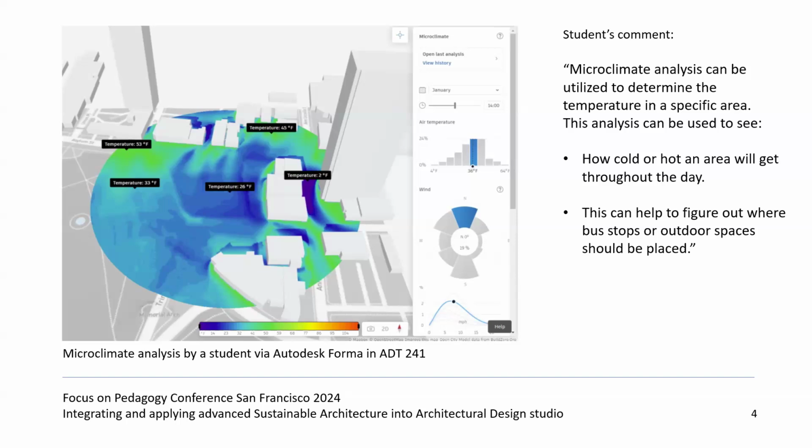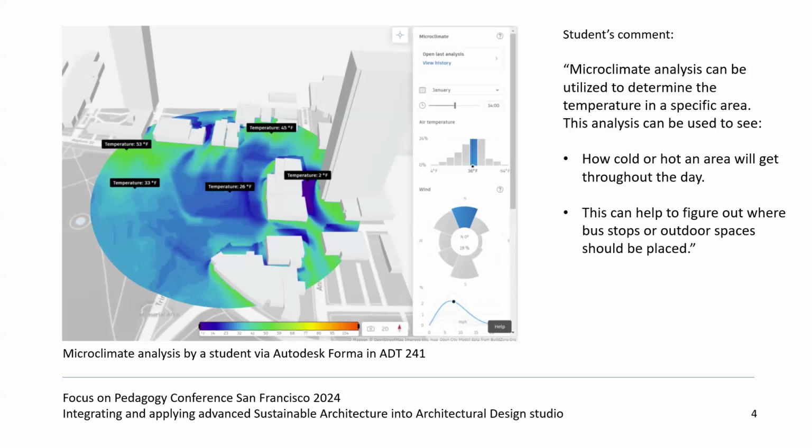Of course, that only works for the first stage of the design. Autodesk Forma uses different modules for the analysis. It has sun hour analysis, wind analysis, microclimate analysis, solar energy analysis, energy operation analysis, embodied carbon analysis, shadow analysis, and stuff like that.